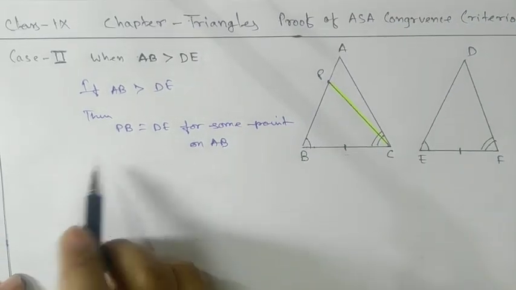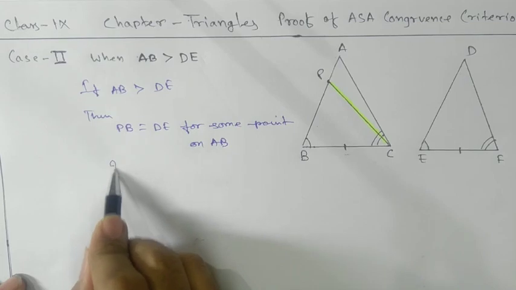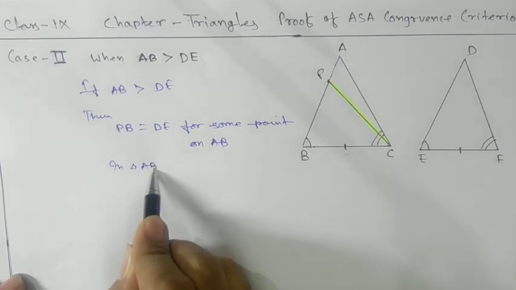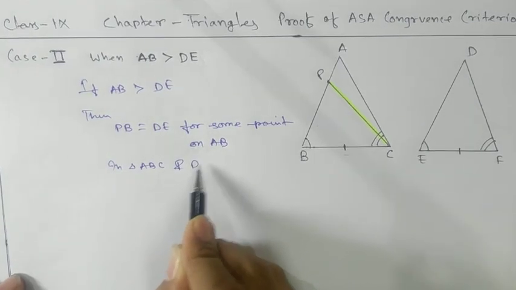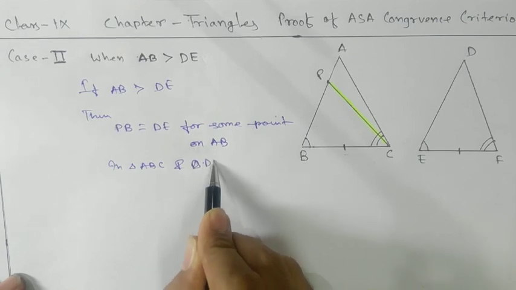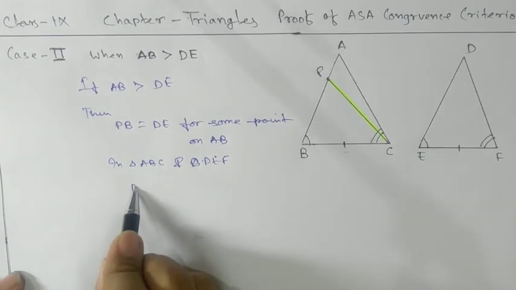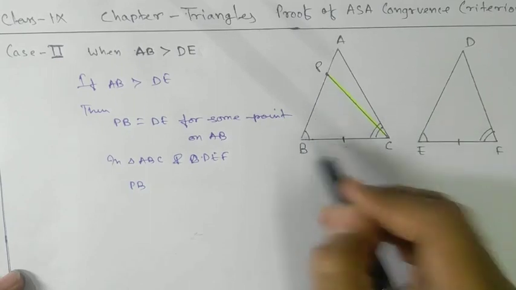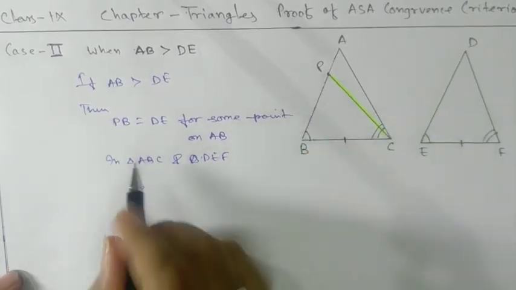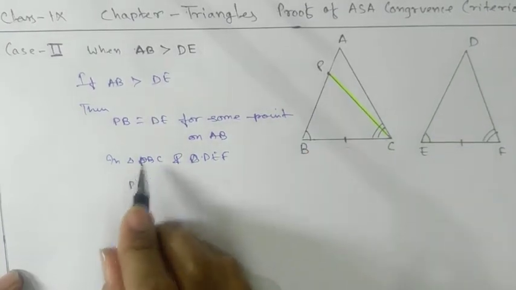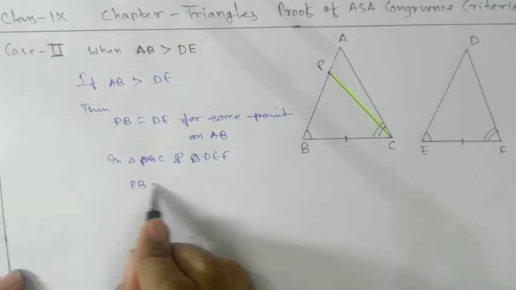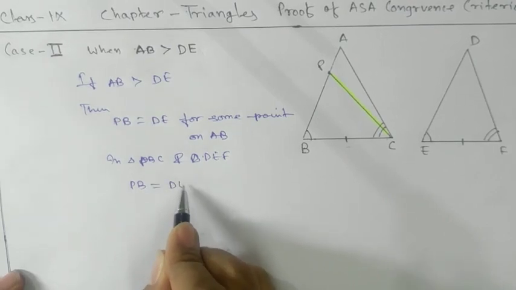Then in triangle PBC and triangle DEF, you can see that PB equals DE.